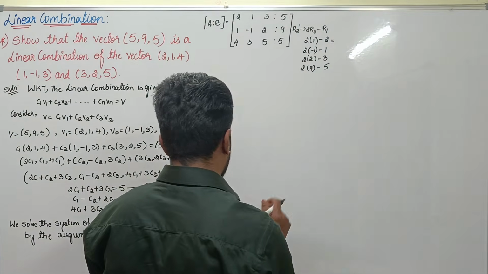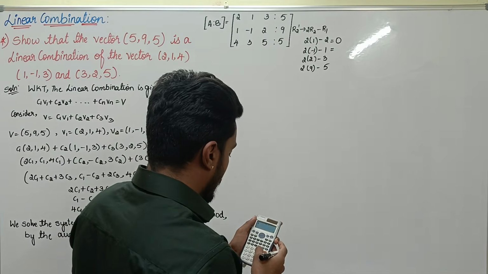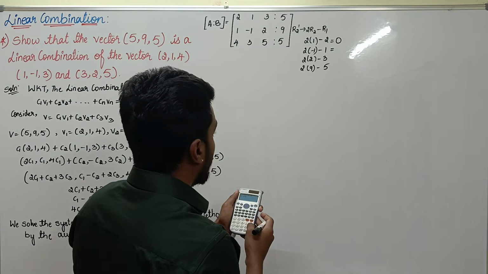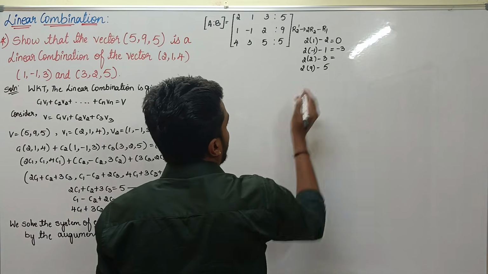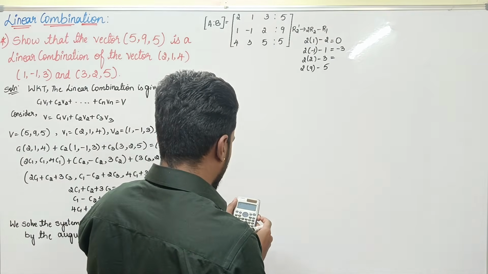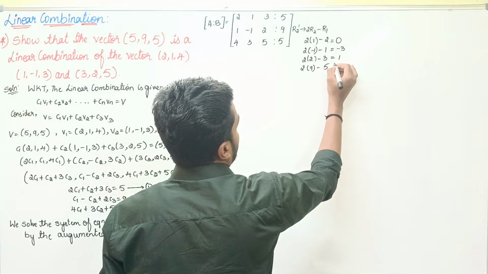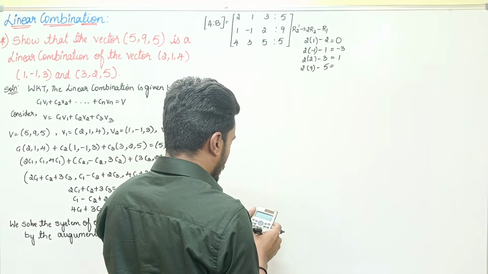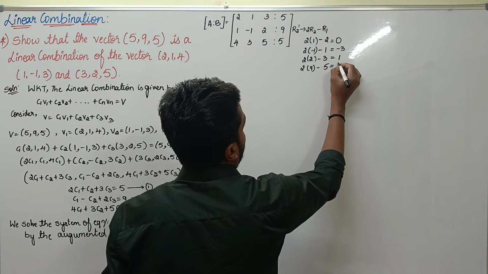Now 2 minus 2 you get 0. Next, 2 into minus 1 minus 1 we have minus 3. Next, 2 into 2 minus 3 we have 1. Next, 2 into 9 minus 5 we have 13.